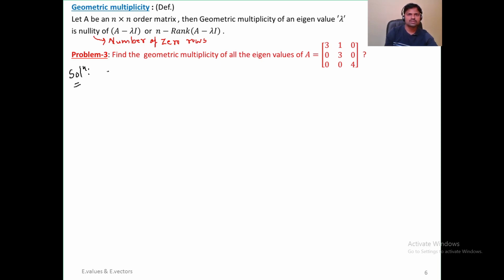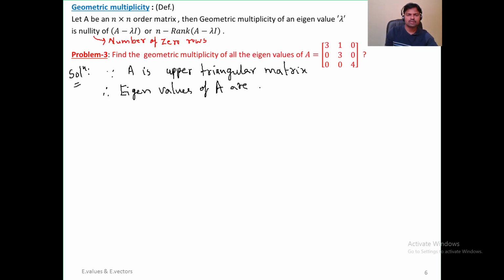Since A is an upper triangular matrix, the eigenvalues of A are its diagonal entries.